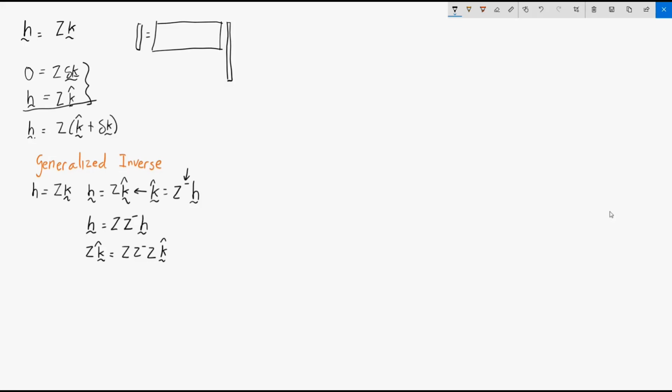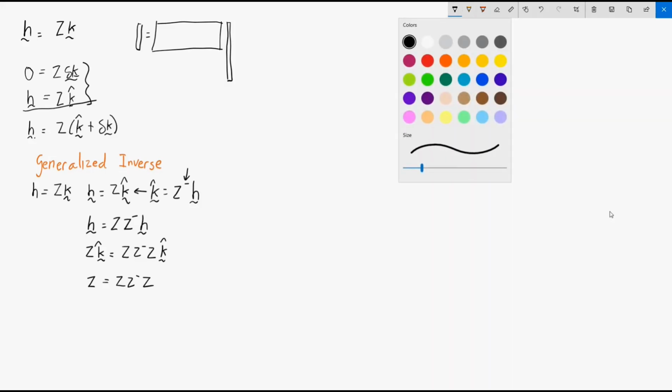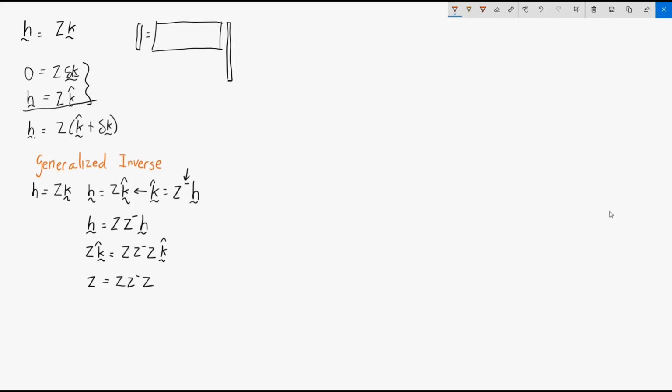That is, Z equals Z, Z negative, Z. This is the definition of the generalized inverse.